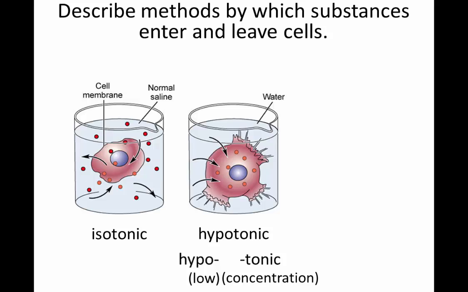There's nothing dissolved into it. And so water will move from the area where there's a lot of water, and it will move into the cell, attracted to the particles that are dissolved within the cell. And so in this case, the cell will start to grow and expand, and then potentially eventually burst.